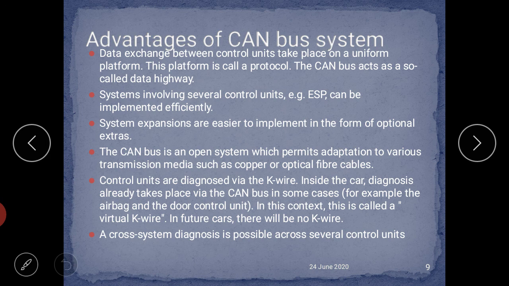Okay, so you can get what I am saying. So if I connect the adapter at the rear controller, I can check even a controller which is situated at the front of the car. So cross diagnosis is possible in this case.